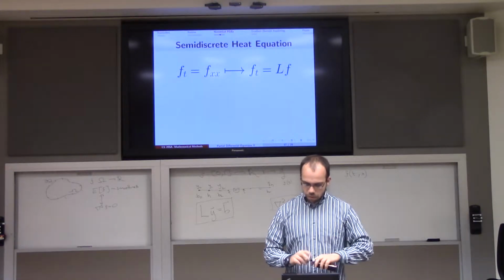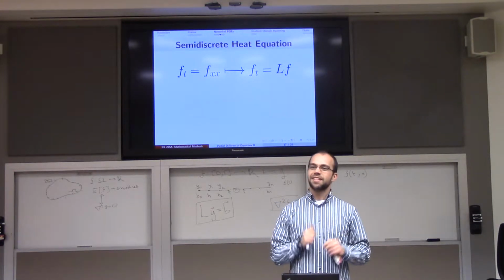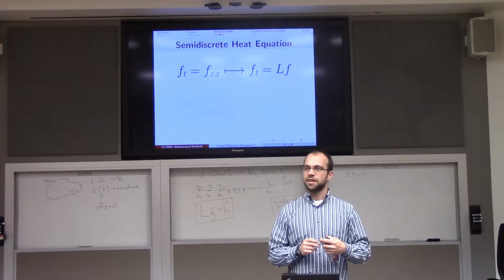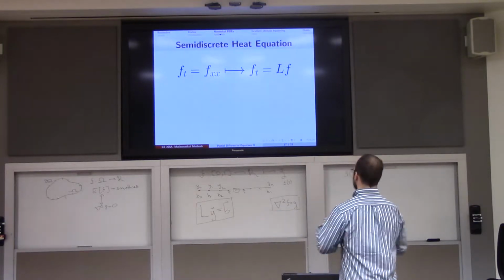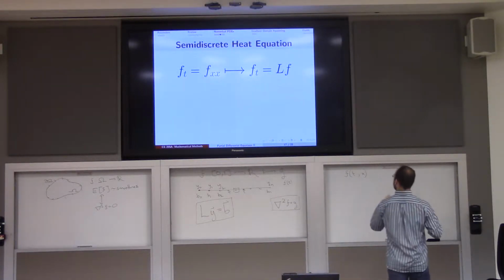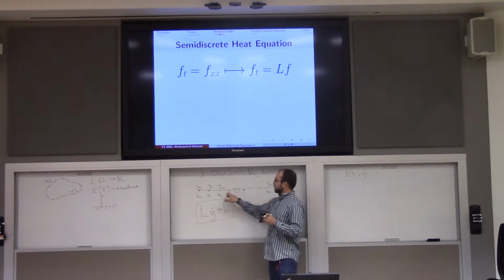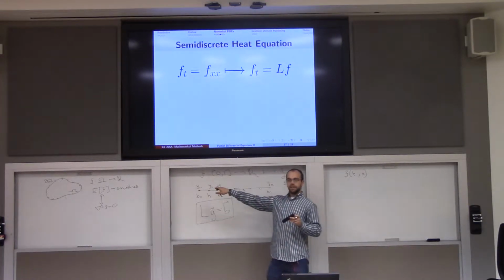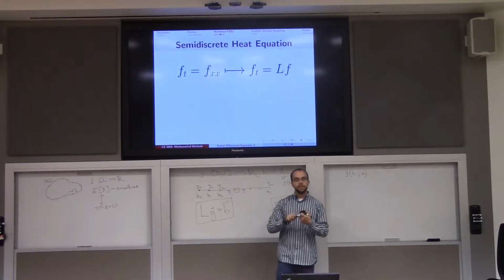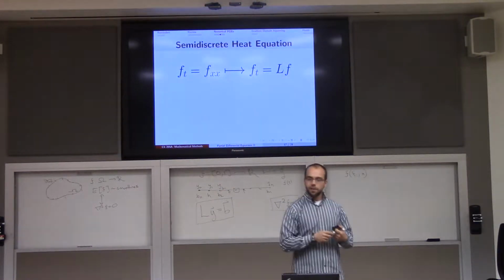Well, what I can do is discretize the x variable only. So we're going to think of the heat as still a continuous function of time, but now I'm only going to sample that continuous function of time at a discrete set of spatial points. Yeah? So if I do that, right, then now what happens?